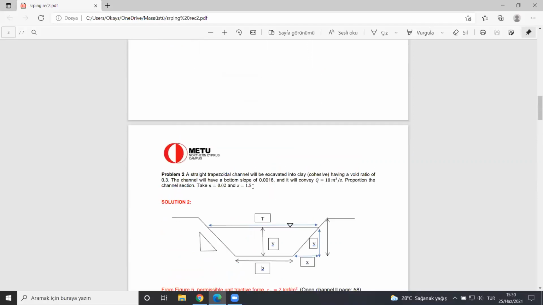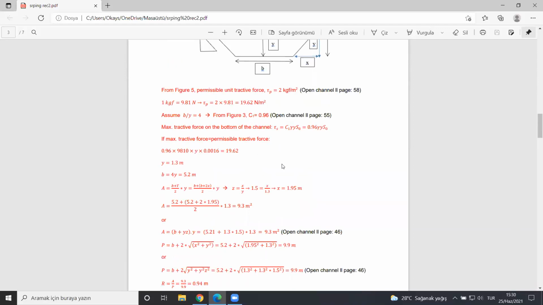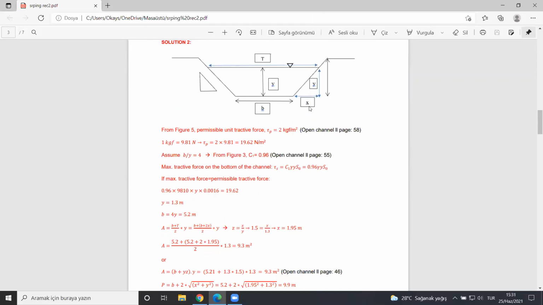In the question, we are given this z value, small z. What is this z value? It is equal to the horizontal distance divided by the vertical distance, so basically x divided by y. We know y, we just calculated it.